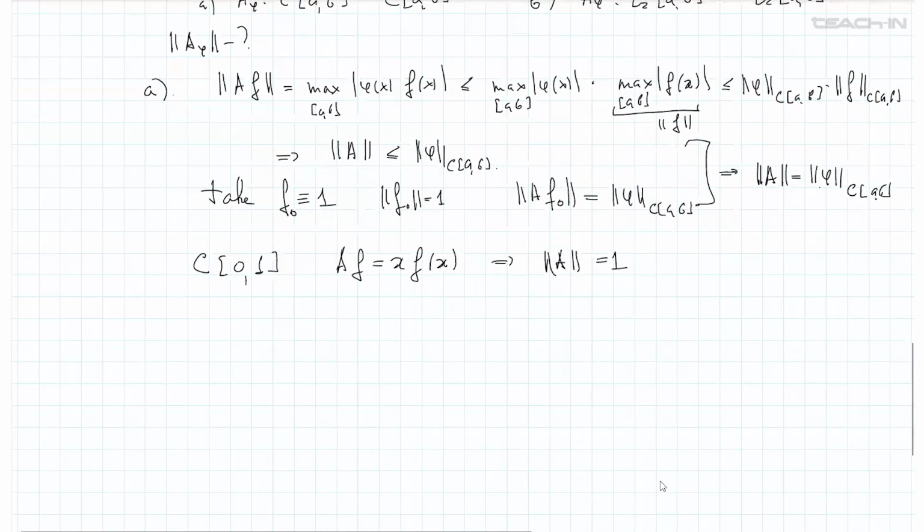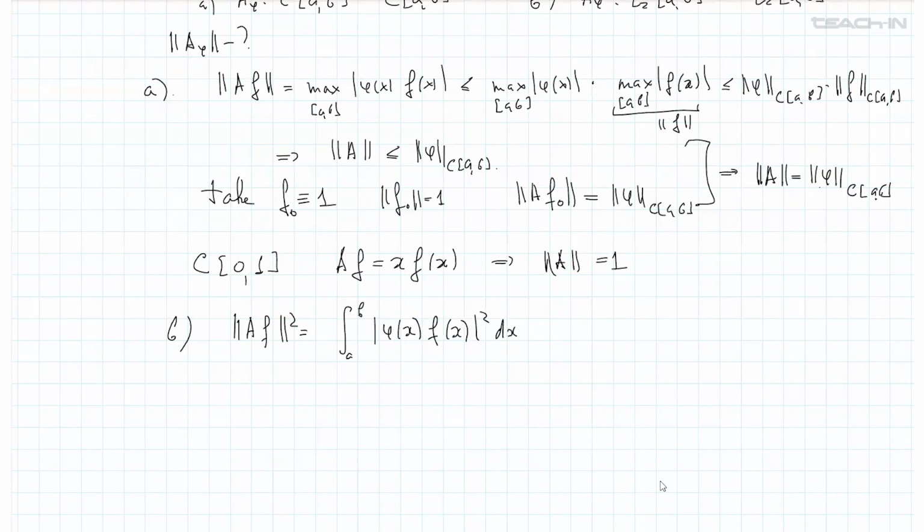And the second space: the norm of A f squared. We change the space and we must change the norm. It is just this integral, yes, because in L2 the norm is the square root of the integral of the square of the function.